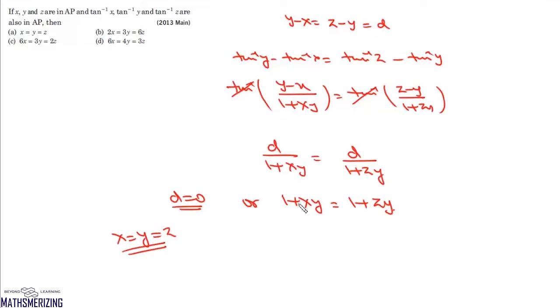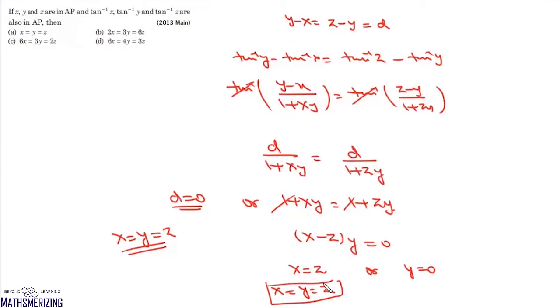And if we take this other condition, here 1 will cancel, and we'll get (x minus z) into y equals 0. So either x equals z or y equals 0. If x is equal to z, then from here also we'll get the same condition, that x is equal to y and it is equal to z. So the answer to this question is option A, x equals y equals z.